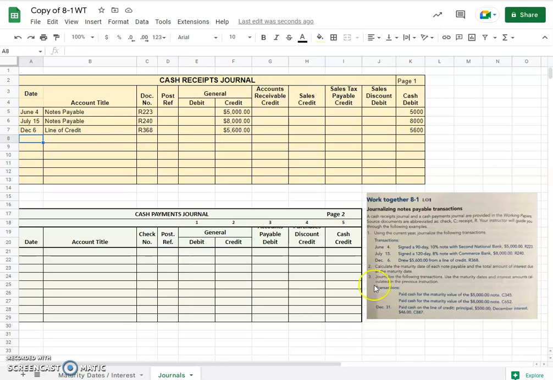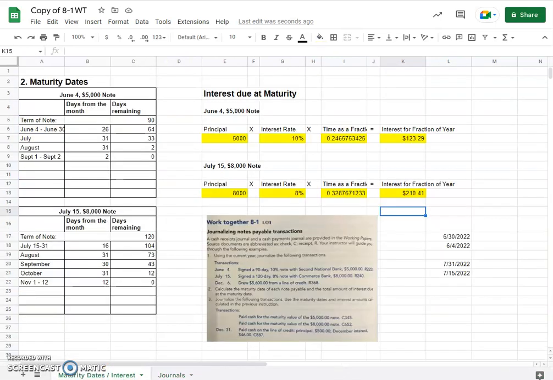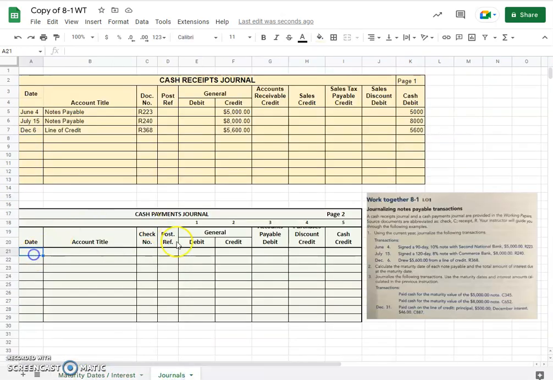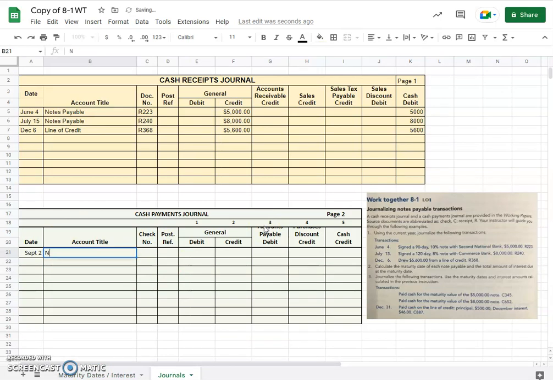Okay, so our first one, the June the 4th note, we figured out was a maturity date of September the 2nd. So that's the day we're going to pay it. So September 2nd. And we are going to pay off the notes payable, which means we'll have to debit that $5,000 that we credited up here to get it to go away, right? To pay it off.